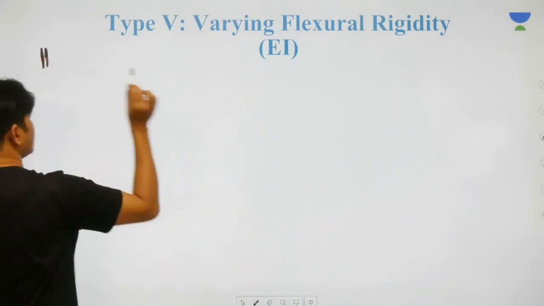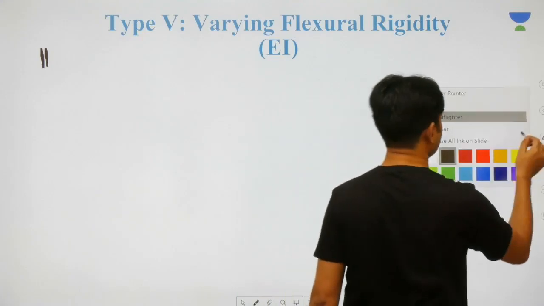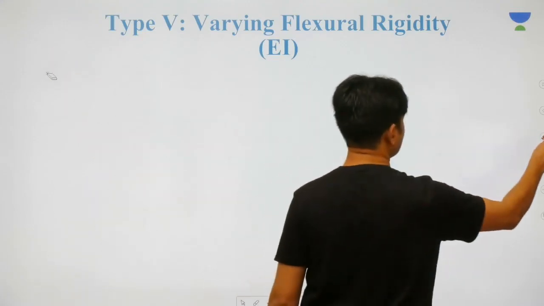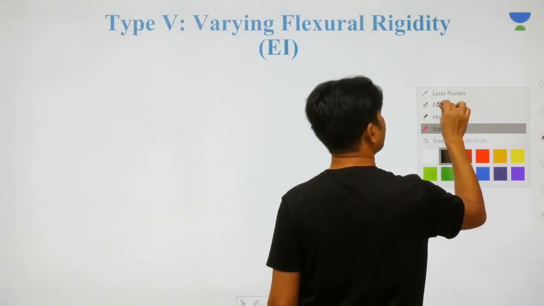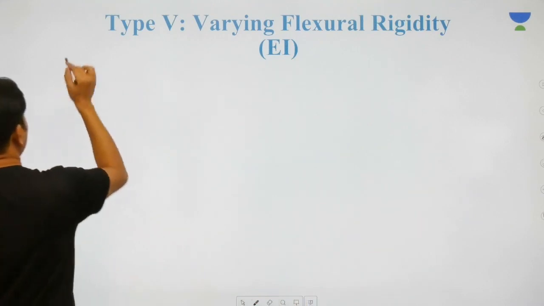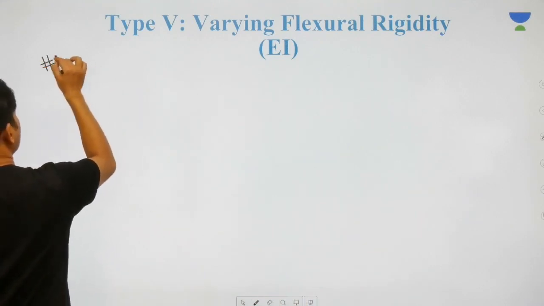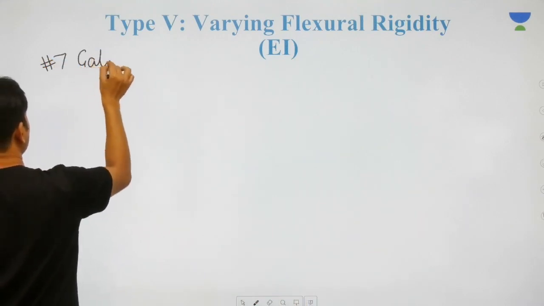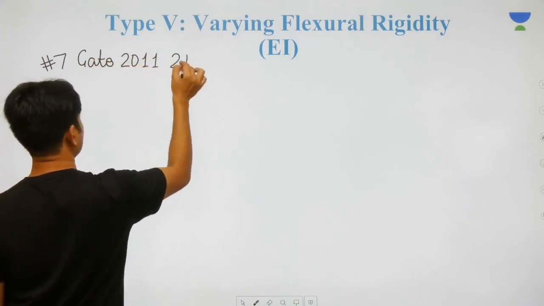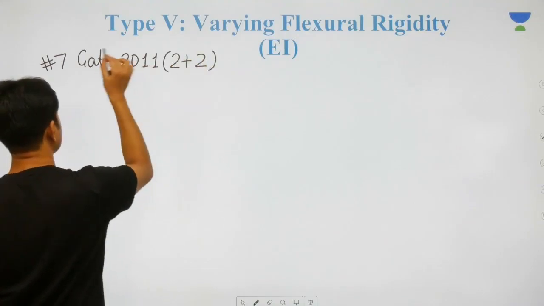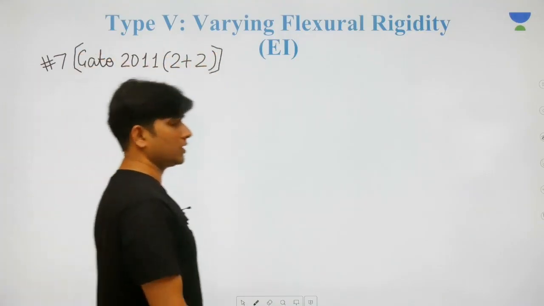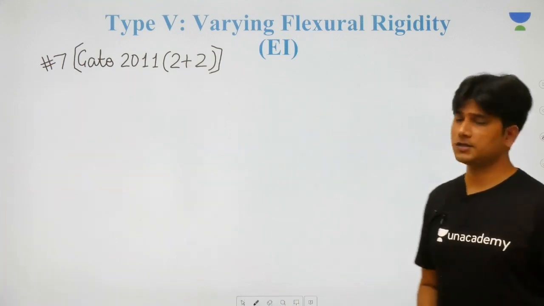To understand that, I'm going to take this GATE problem that they asked in 2011 for 2+2 marks.